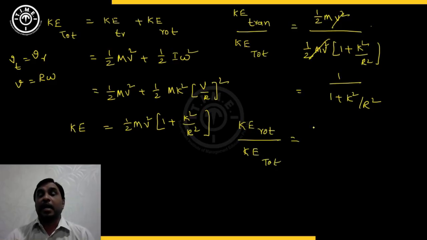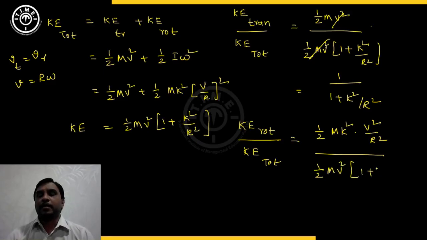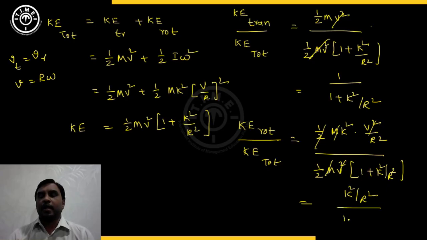So you can write half I omega square. I is the moment of inertia, you can write mk square. Omega square can be written as v square by r square, divided by total energy. Total kinetic energy is half mv square into 1 plus k square by r square. So half mv square gets cancelled. Left with k square by r square, whole by 1 plus k square by r square.